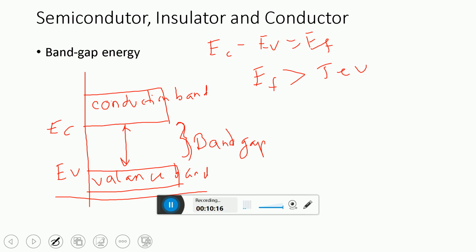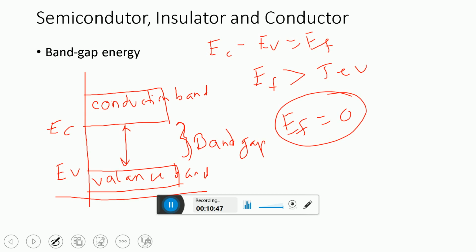If there is no band gap energy, if the valence band and conduction band are overlapping with each other, that is called a conductor. So in a conductor, the band gap is absent, and the conduction band touches or overlaps the valence band.